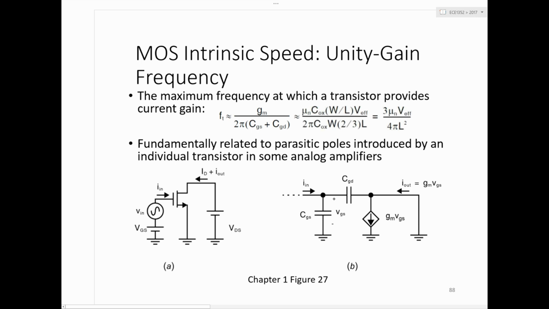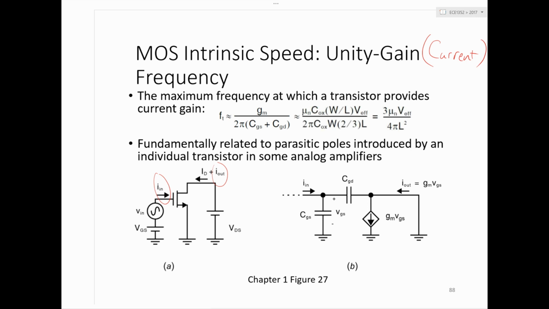In fact, if we were being really precise, we should always say unity current gain frequency. When you say that, the definition is kind of clear. It means the frequency at which the small signal current gain from gate current to drain current becomes only 1, right?